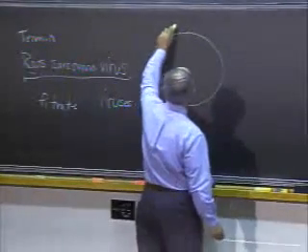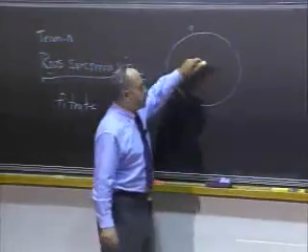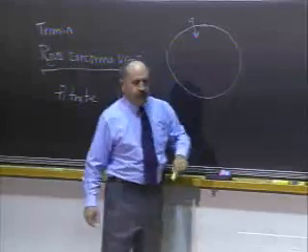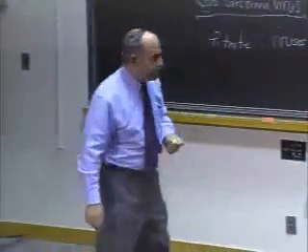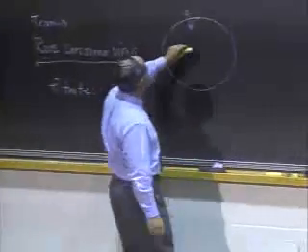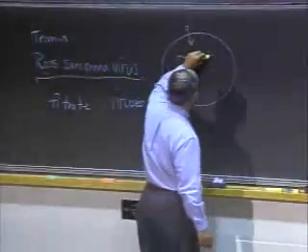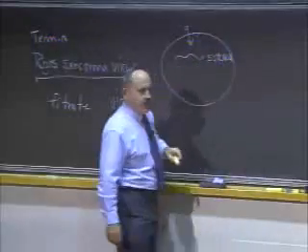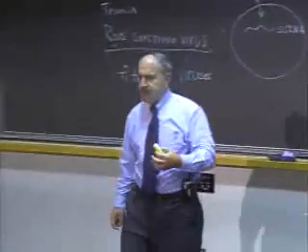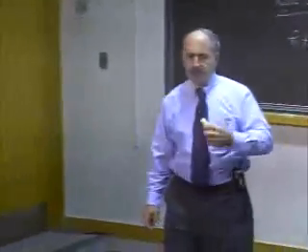A virus particle, which is vastly smaller than a cell, enters the cell. The virus particle carries into the cell its own genome. And this genome, in the case of Rous sarcoma virus, is single-stranded RNA, and it carries the information for making more virus particles.